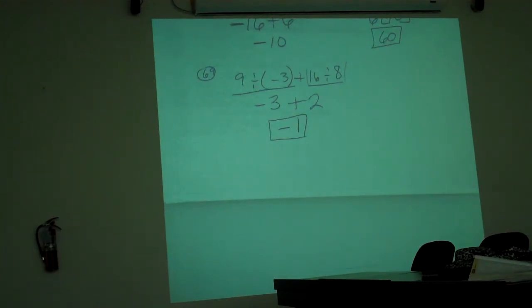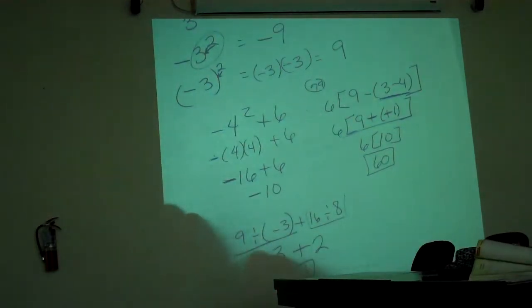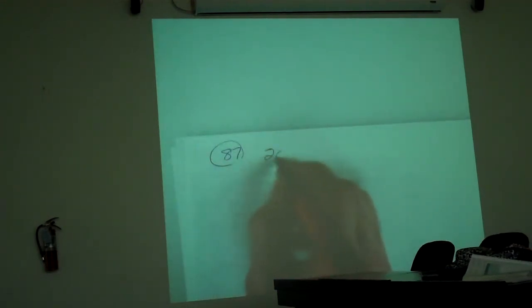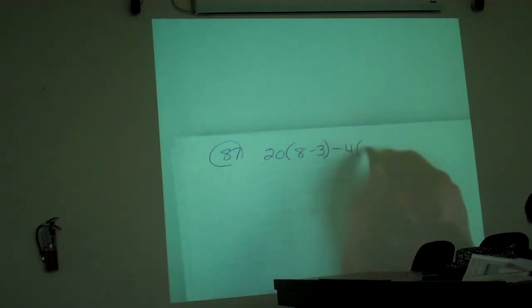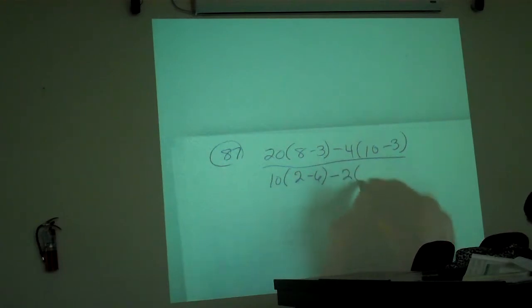Let's do a harder one, like number 87. Brand new paper. Okay, 20, parentheses, 8 minus 3, minus 4, parentheses, 10 minus 3, all over 10, parentheses, 2 minus 6, minus 2, parentheses, 5 plus 2.